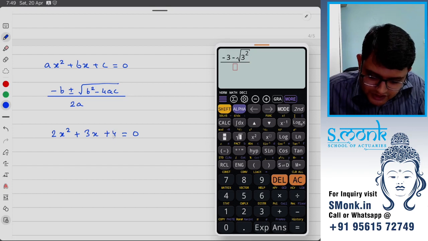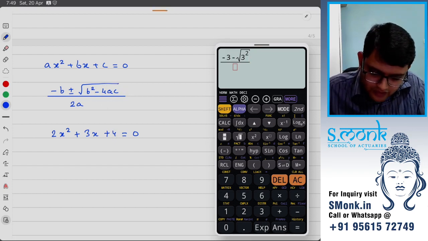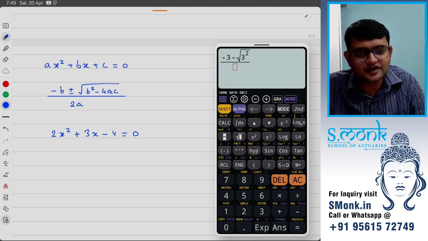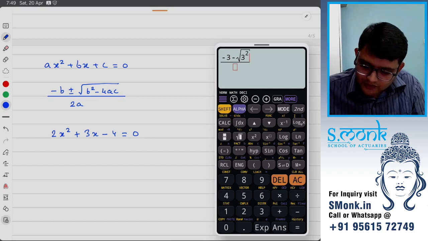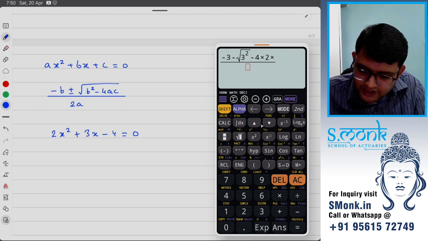Let me just change this so that this does not become negative. Okay, so I'll just do this minus. I'll just make c as negative. So I'll have minus 4 into a. A is 2, so 2 into minus 4. Okay, I went outside the root.